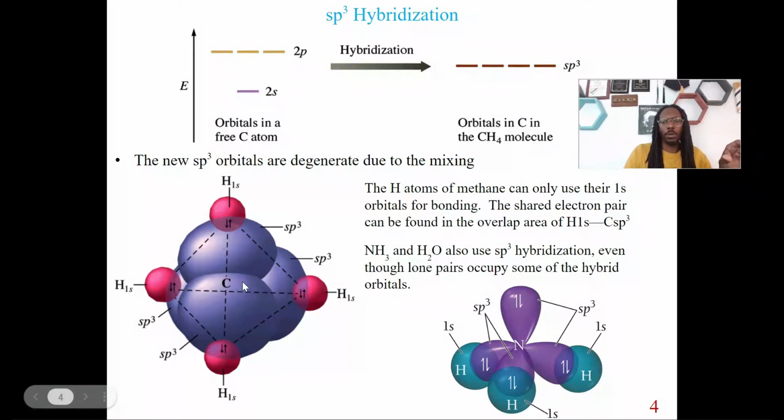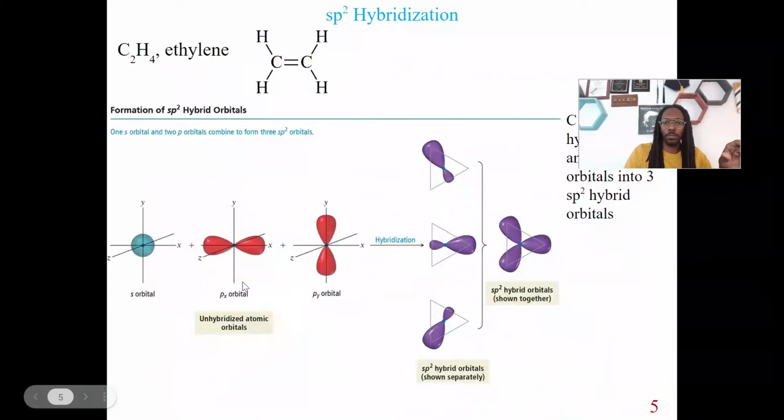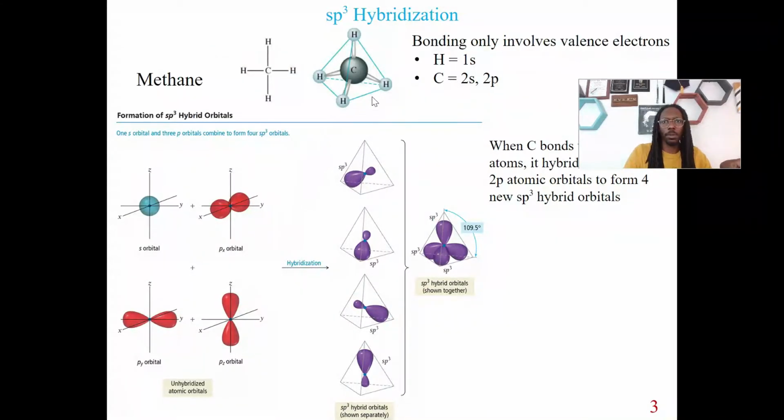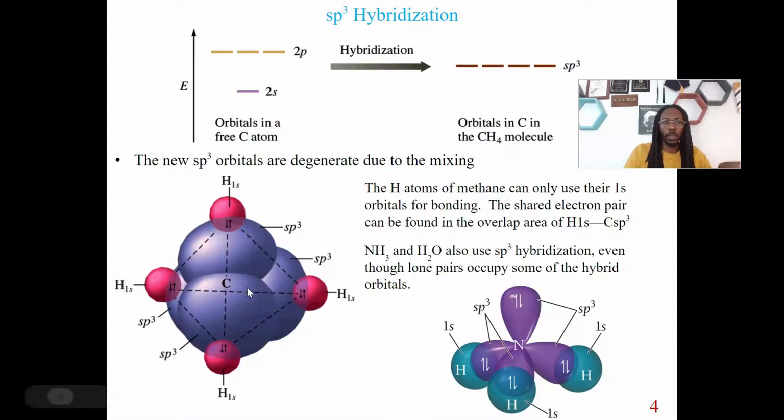The carbon is forming these new sp3 orbitals here, and when it comes to bonding, those hydrogens' 1s orbitals will be bound to those new sp3 orbitals.